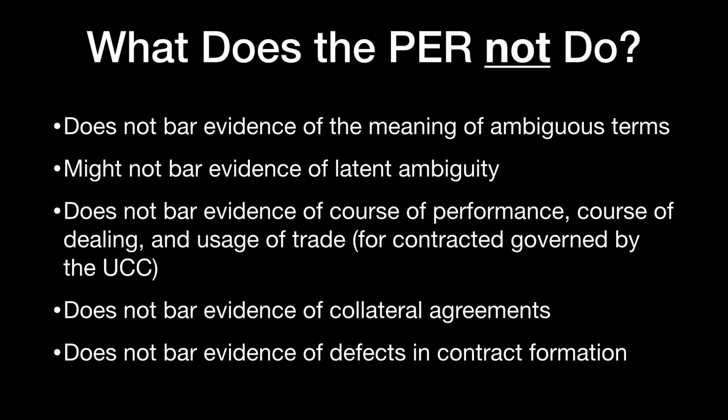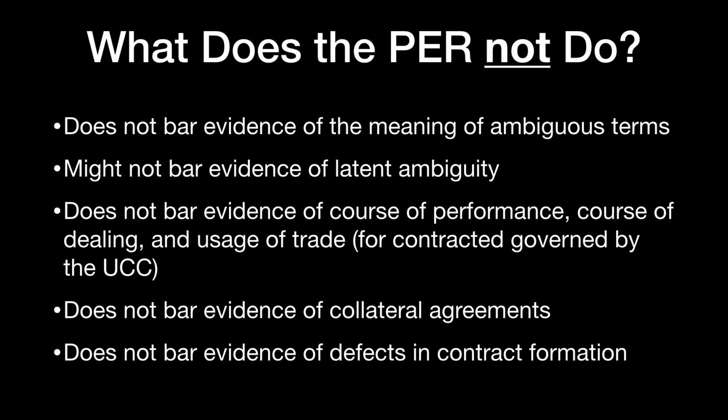The Parol Evidence Rule also does not bar evidence of course of performance, course of dealing, and usage of trade, at least if the contract is governed by the Uniform Commercial Code. The Parol Evidence Rule does not bar evidence of collateral agreements, and you can watch my video on collateral agreements to try to understand how we distinguish a collateral agreement from one which is part and parcel of the contract at issue.